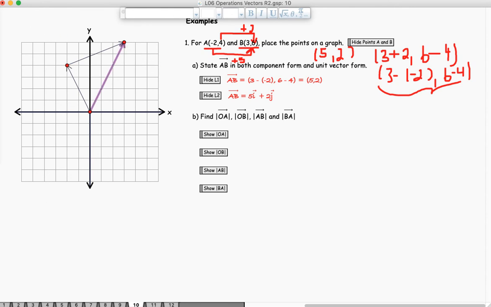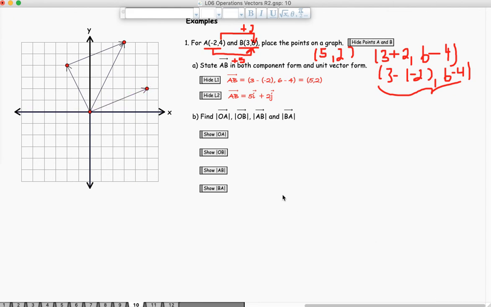I didn't draw this one, but I could draw it for you. Vector OR, which is the position vector of AB, would be 5 over and 2 up. So we'd be connecting this way from there to there.